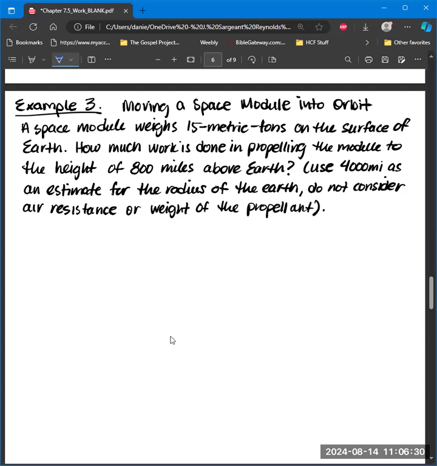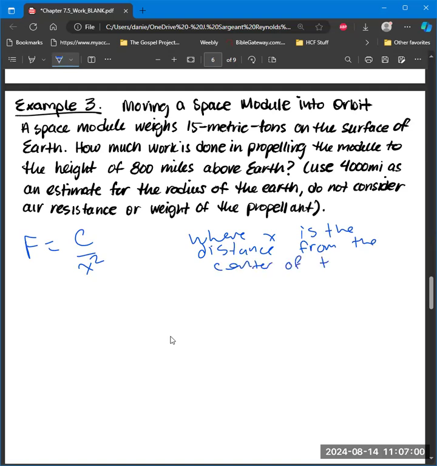So included will be weight of the body varies inversely as the square of its distance from the center of the Earth. So F is C over x squared, where x is the distance from the center of the Earth.